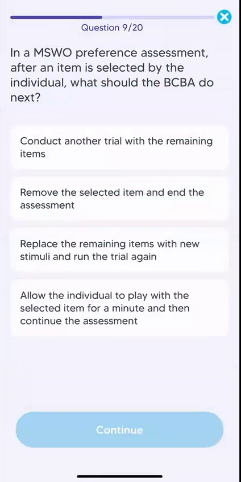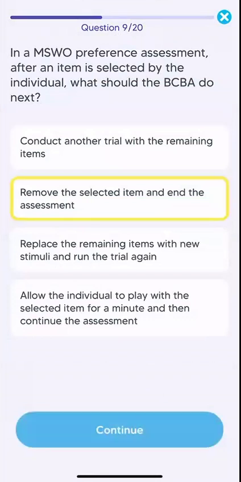In a multiple stimulus without replacement preference assessment, after an item is selected by the individual, what should the BCBA do next? Conduct another trial with the remaining items. Remove the selected item, yes, without replacement. Replace the remaining items with new stimuli and run the trial again.